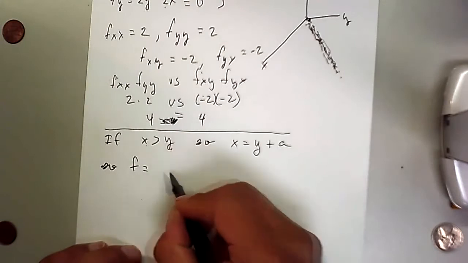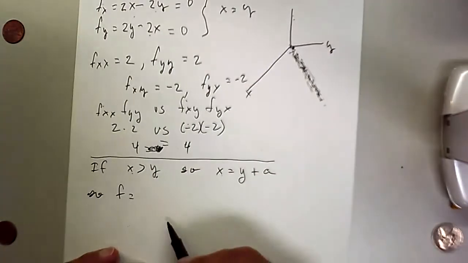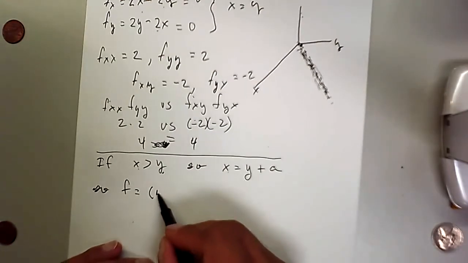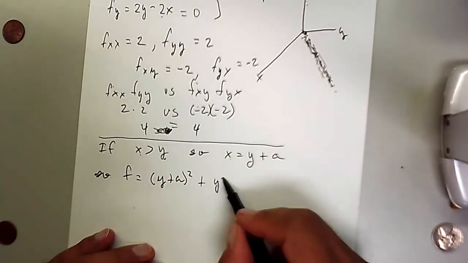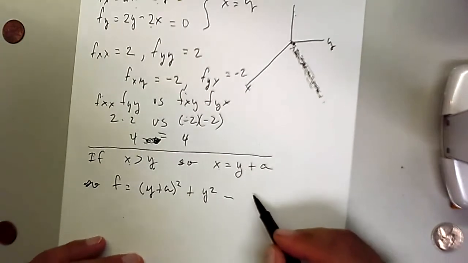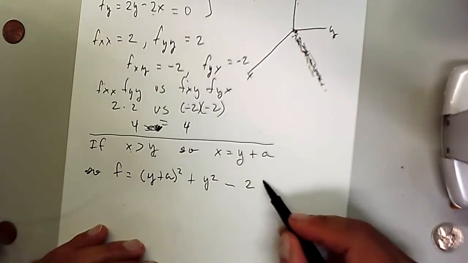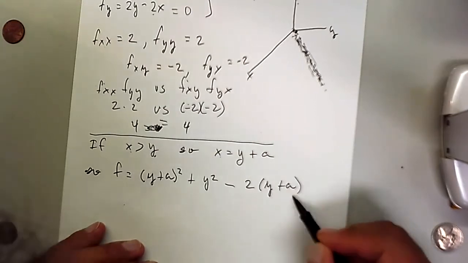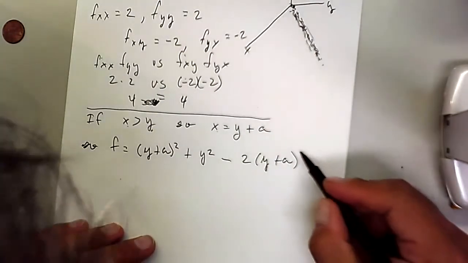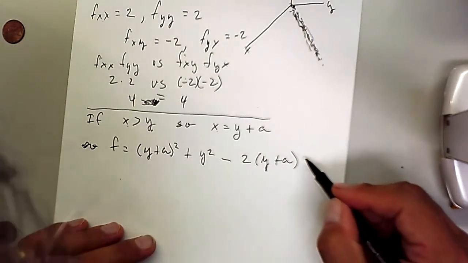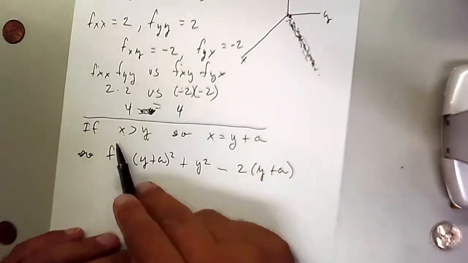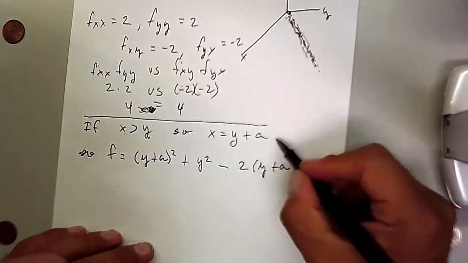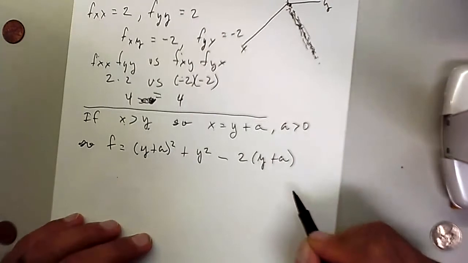So f would be x squared, and that x squared is y plus a squared, plus y squared, minus 2 times x, where x is y plus a. I want to put everything in terms of one of the letters, not the other, and hopefully that will tell us what's going on. By the way, since x is bigger than y, this a has to be positive.